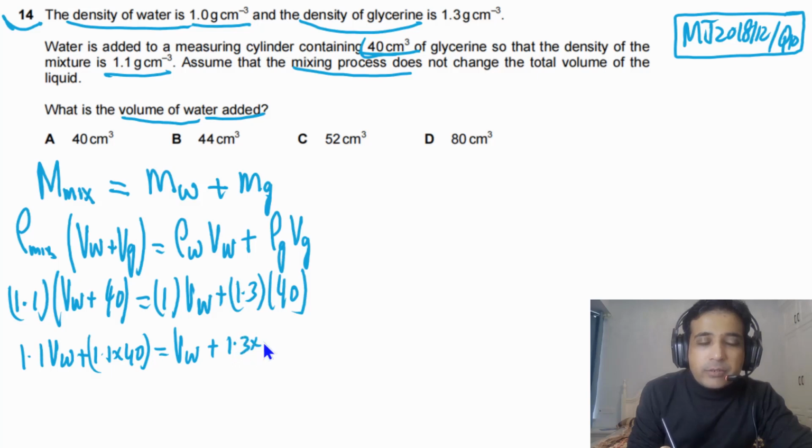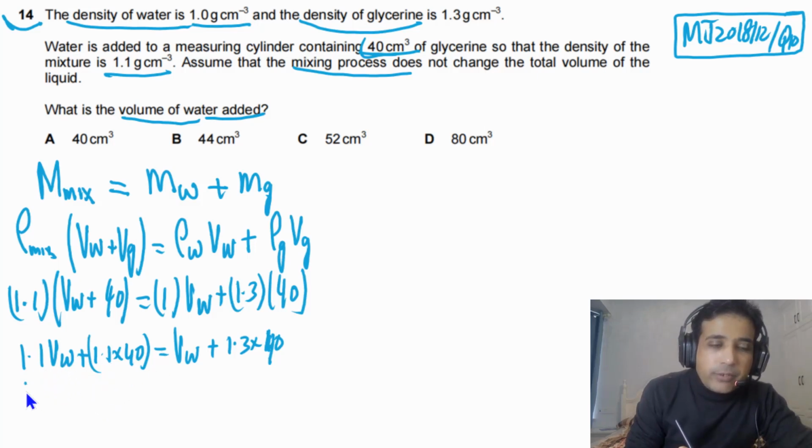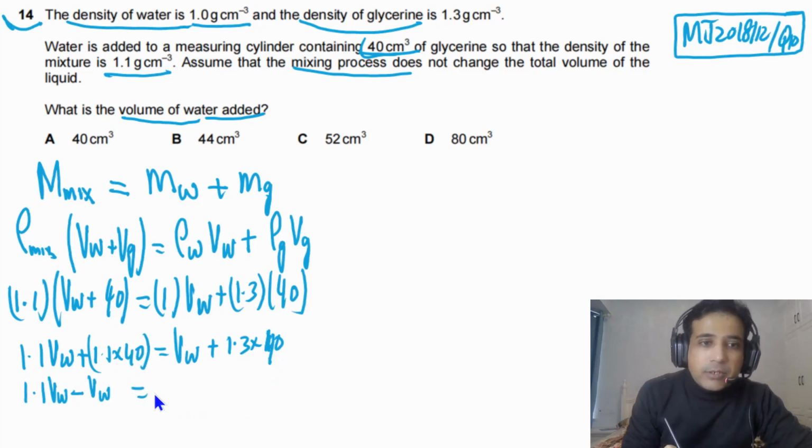We need to find out in this case the volume of water, so we can rearrange for the volume of water. Here you have 1.1 VW, and here you have VW, which means you can take this one on the left side and this one we can take on the right side. So here it will be 1.3 times 40 minus 1.1 times 40. From here we can take VW common.